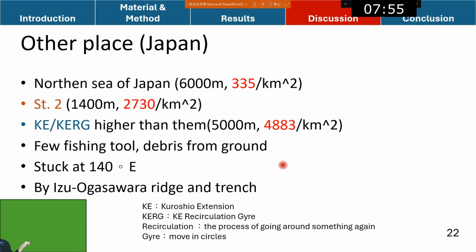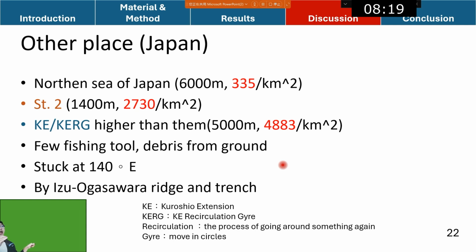And the KE and KRG is higher than all, the density is 4,883. Okay, and the samples we collected have few fishing tools, so we assume the debris is from the ground.